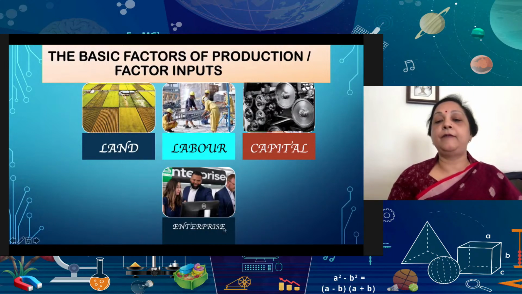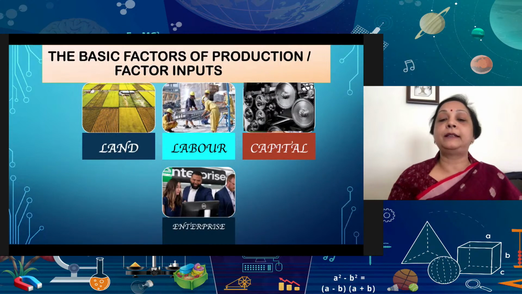And the last and very important one of the 4 main factors of production is enterprise, also called organization. We may have land, we may have labor, we may have capital, we may have raw material, but we need the brains to run this business. They are the ones who take the risk. They carry out the process of production.